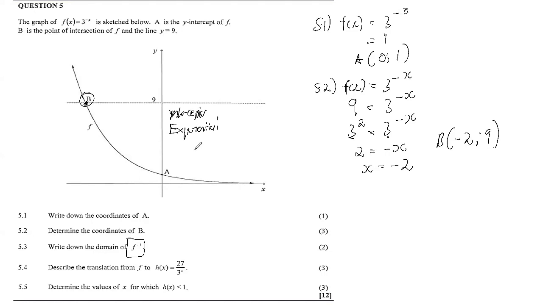the y-intercept, if it is just a mother graph, is always (0; 1). But in the mother graph of a logarithmic graph, the intercept will be an x-intercept, which will be (1; 0). Now, when it comes to the asymptote, for the exponential we have our asymptote at y equals 0, but for the logarithmic graph we have our asymptote at x equals 0.